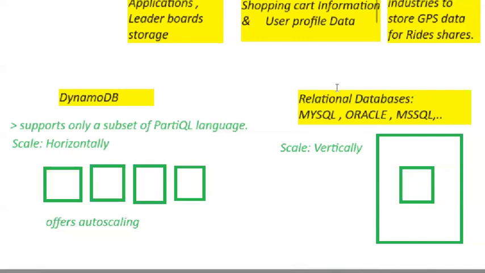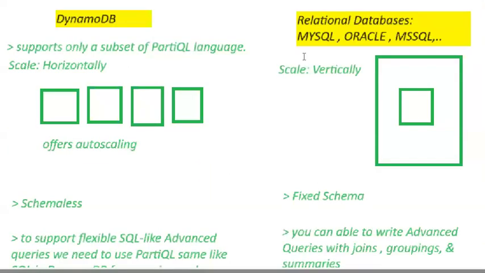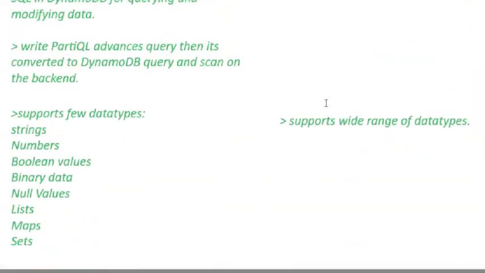Coming to data types, relational databases offer a wide range of data types, but DynamoDB offers only a few, like strings, numbers, Boolean values, binary data, null values, lists, maps, and sets.